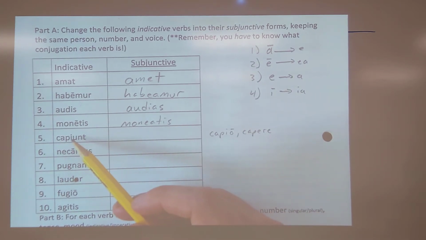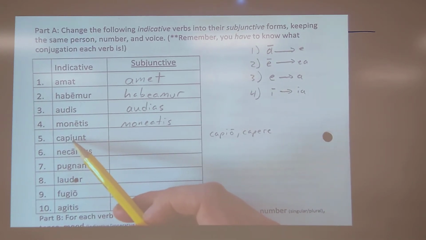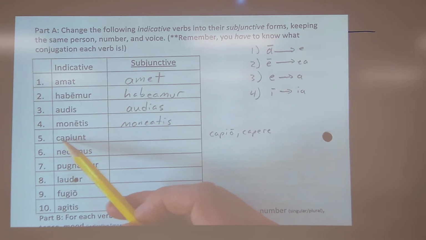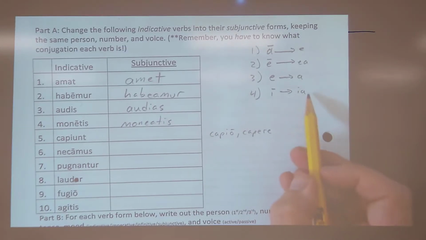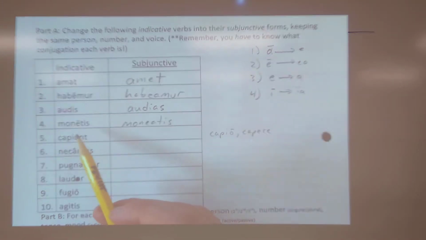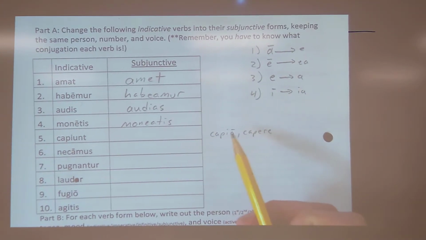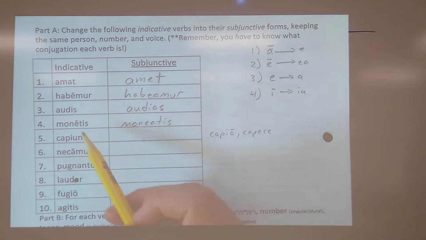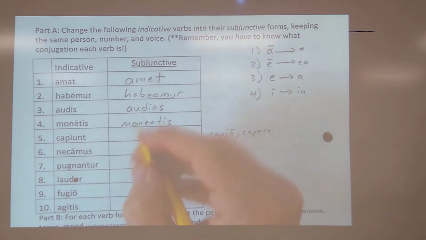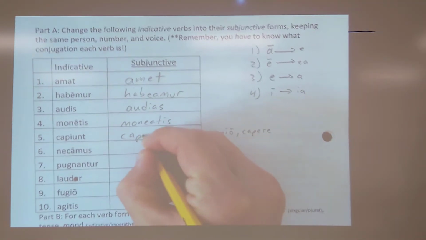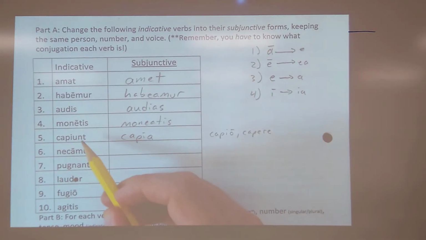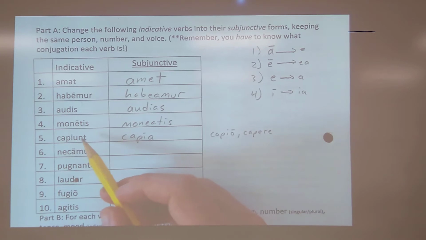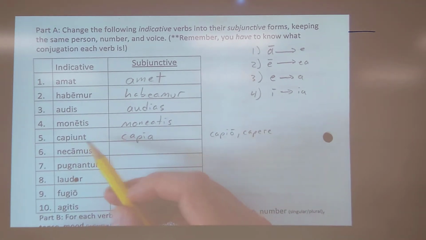So when we make this present indicative verb into the subjunctive, same step, that I turns into IA. So even though it's a third IO verb, remember it acts like a fourth. So the I shows you IA. So we have copiant, right? We can get rid of the U because we only need that for the present indicative, all right?